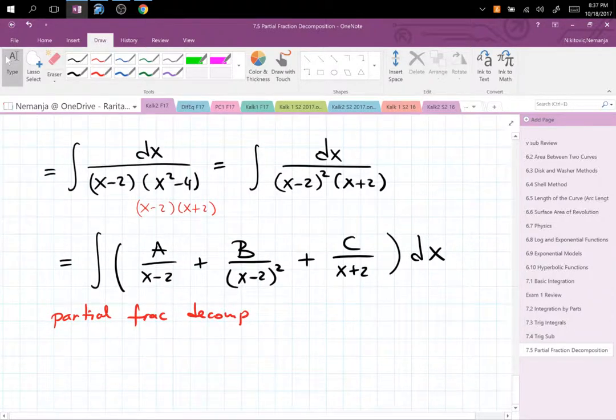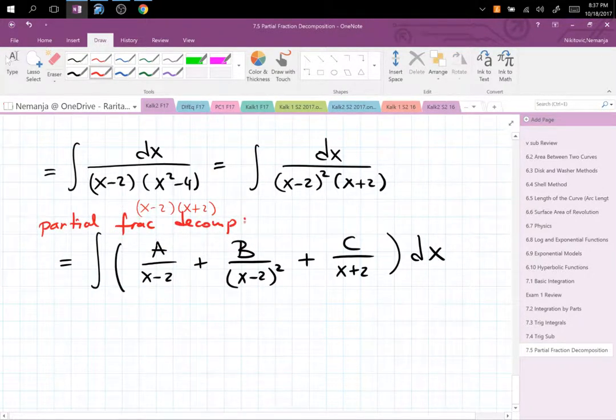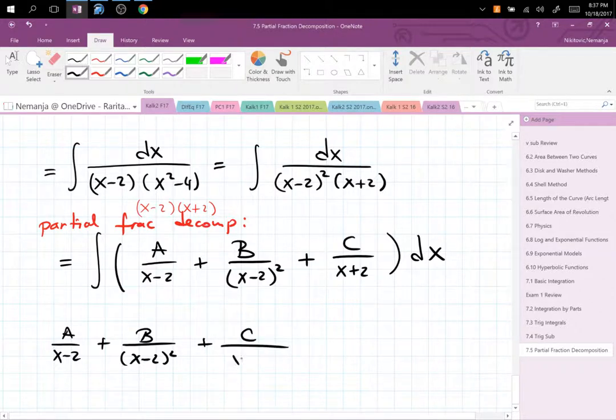Actually, partial fraction decomposition was earlier. That includes the setup. So I take a over x minus 2 plus b over x minus 2 squared plus c over x plus 2 and set that equal to 1 over x minus 2 squared times x plus 2.